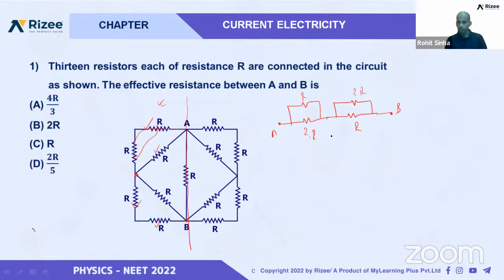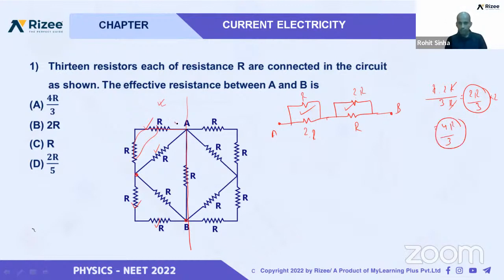How to solve it? We know for two in parallel, we can write R into 2R by 3R. Solving this, we get 2R by 3 for here, and the same for here, so we multiply by 2 and get 4R by 3 resistance for this part.